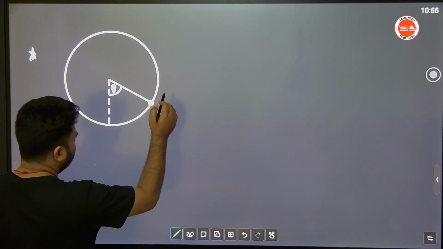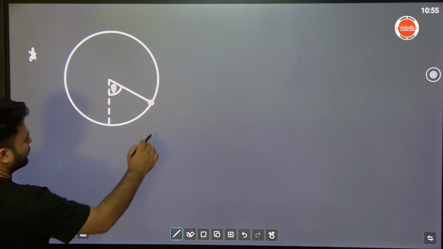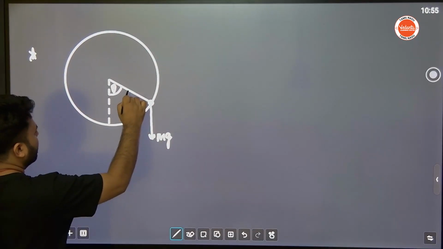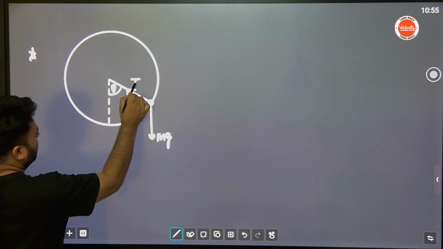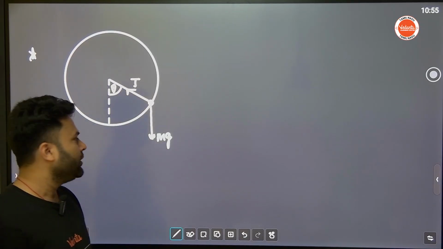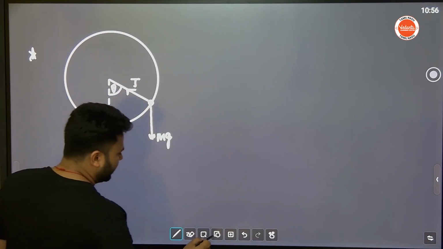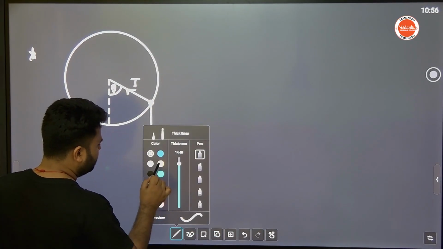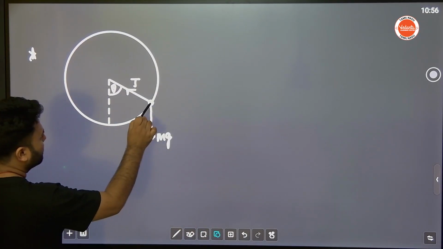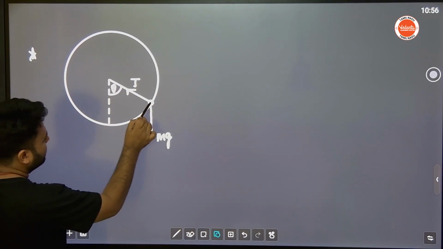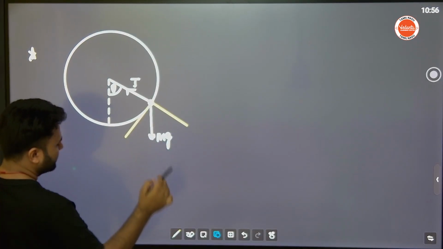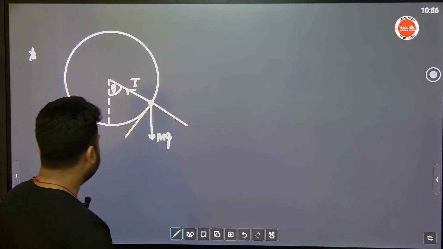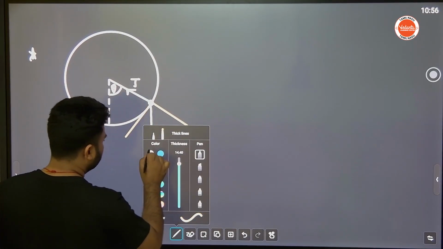So again we will write all the forces acting on the ball. One force is mg, downward. One force is tension. Tension will always act away from the body like this. Now if we resolve mg into two components, we can resolve any vector in its two components.